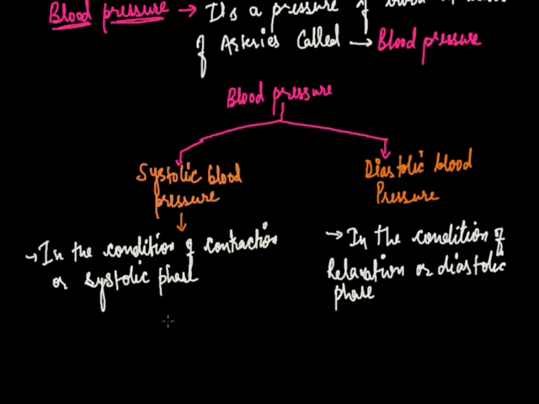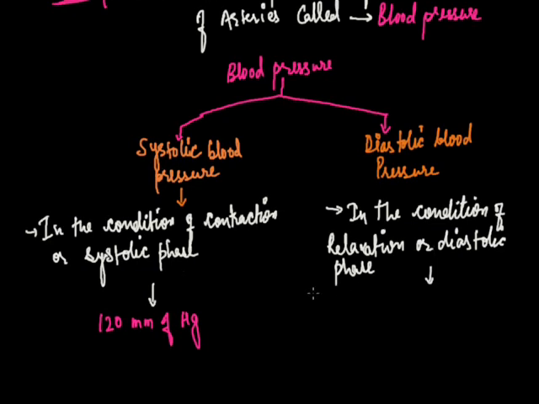Systolic blood pressure is about 120 mm of Hg, millimeters of mercury column, and diastolic blood pressure is 80 mm of Hg.